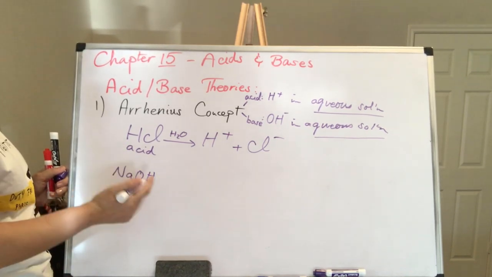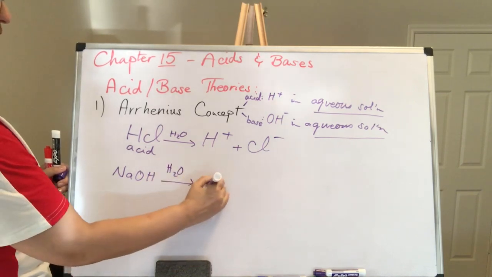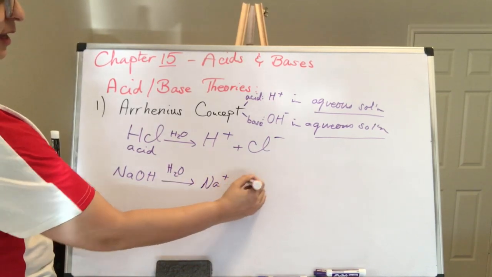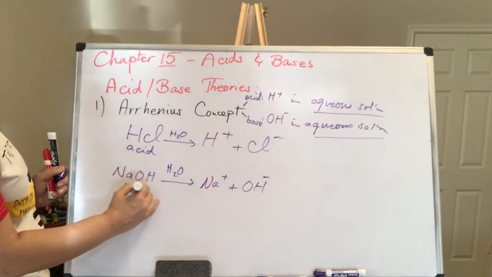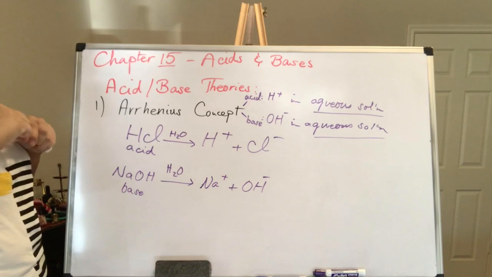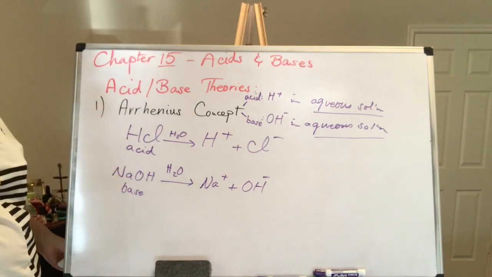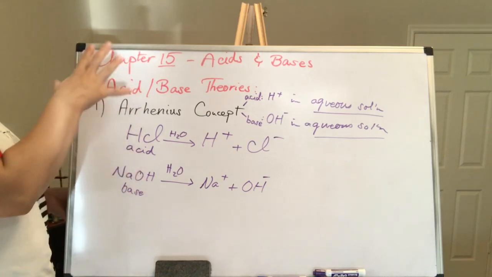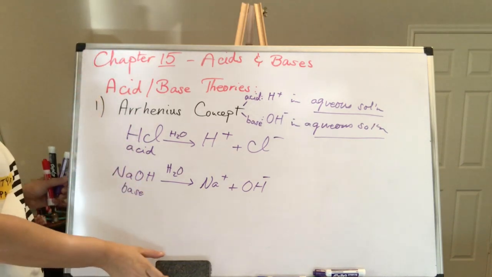That's why soaps are slippery. Then it will release Na and OH, so it would be a base. So that's simple. This theory is simple, but it is weak because it's not going to answer all the questions about the acid and base reactions.